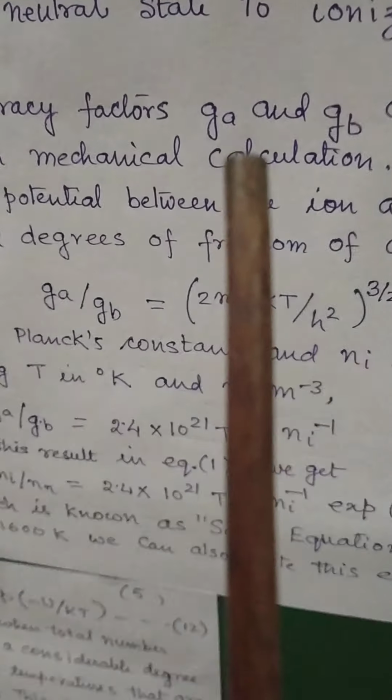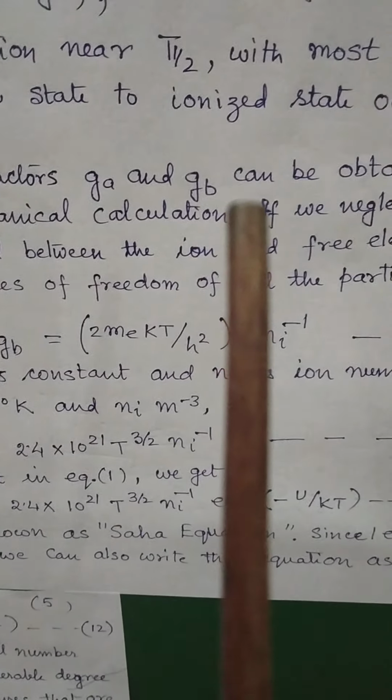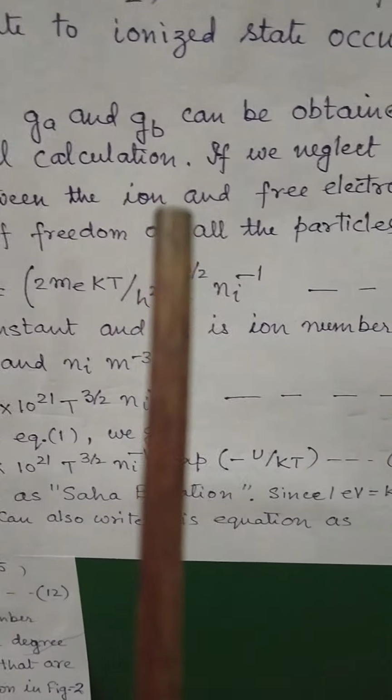The degeneracy factors Ga and Gb can be obtained from a quantum mechanical calculation.